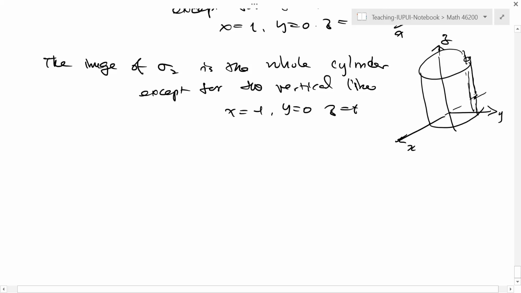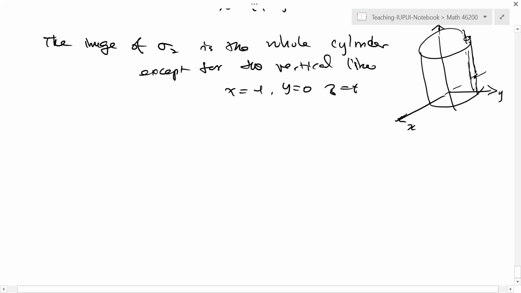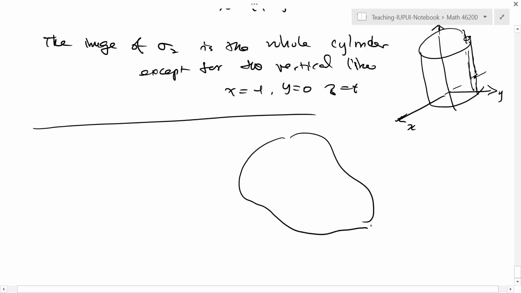So I needed to talk about the transformation a little bit. Okay. So you have an abstract surface. Then I have two maps.